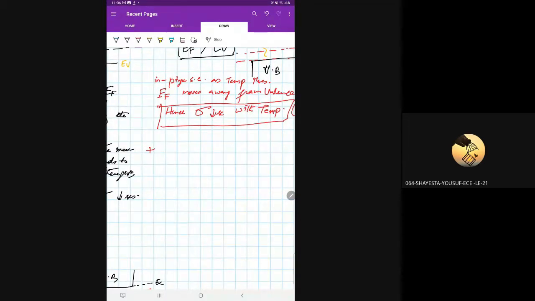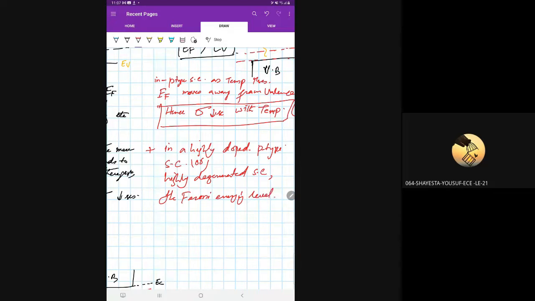I will write it down: in a highly doped p-type semiconductor, or in a highly degenerated semiconductor, the Fermi energy level is existing in the valence band, the way it was existing in the conduction band in an n-type semiconductor.